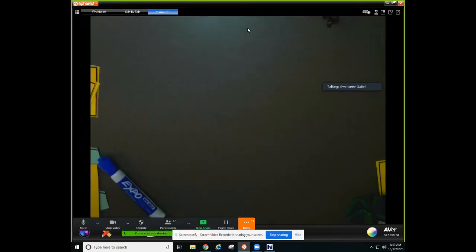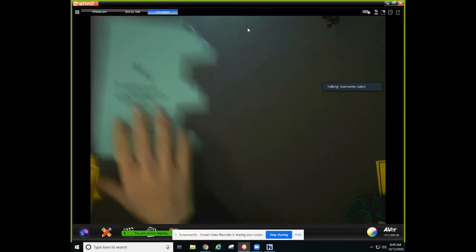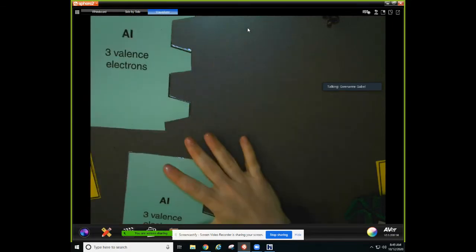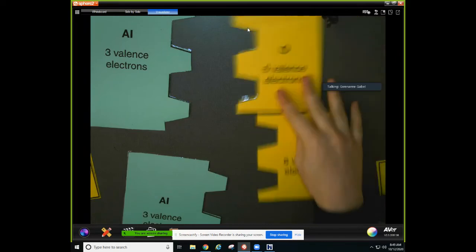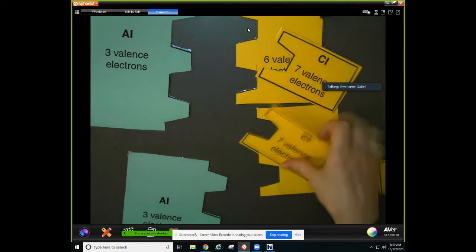All right, so let's do another. I have 2 giant pieces of aluminum. Okay? 2 puzzle pieces of aluminum. And then I have 2 pieces of oxygen left, and I have 2 pieces of chlorine left.